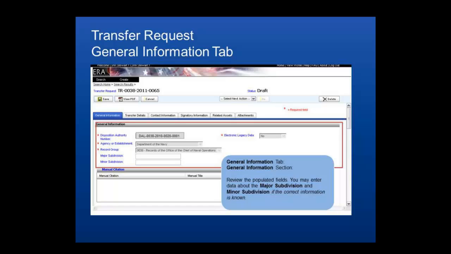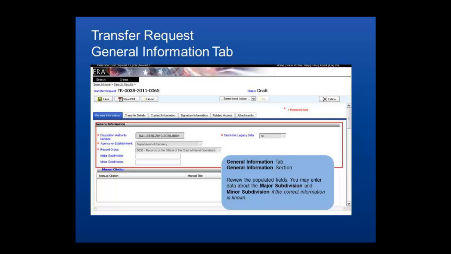However, beneath the record group, you will see a couple of fields that you can indeed give us useful information. One is major subdivision, and the other is minor subdivision. You may enter data about these two entities, the major subdivision and the minor subdivision, of the part of your agency that created the records. We do not want to know what part of the agency you work for.